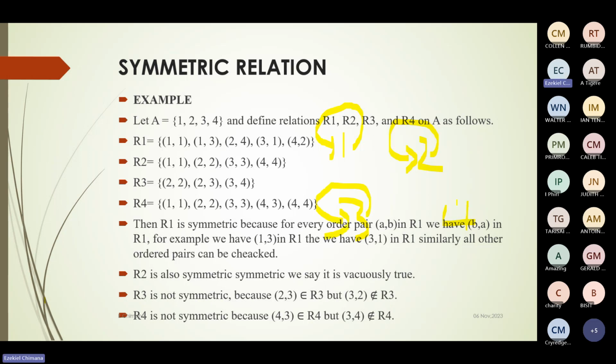Then there's (4,4), which is also a loop. Right? And then you're asked to say which relation is this one. It's a reflexive as well as a symmetric relation.